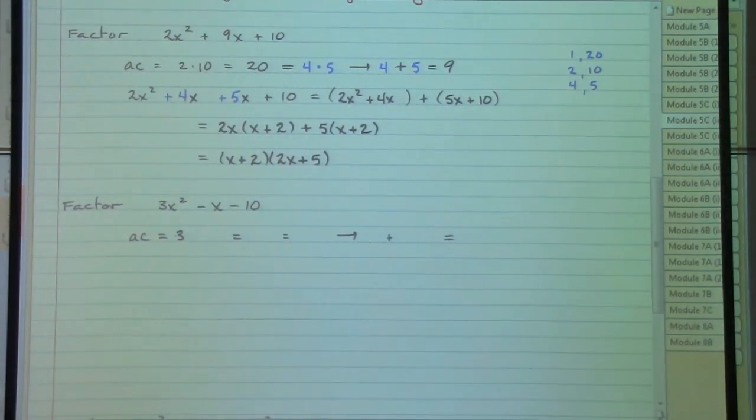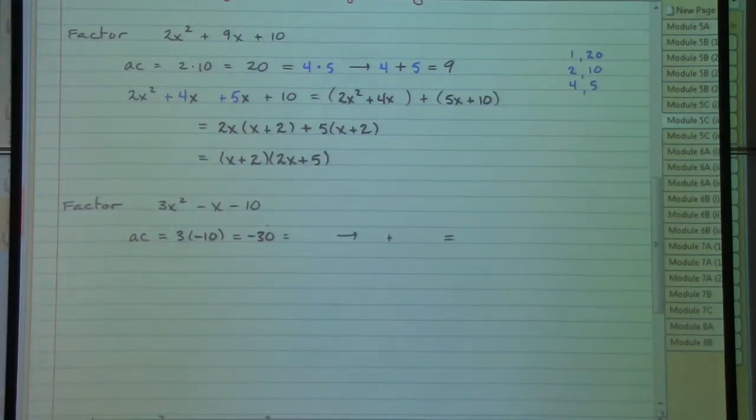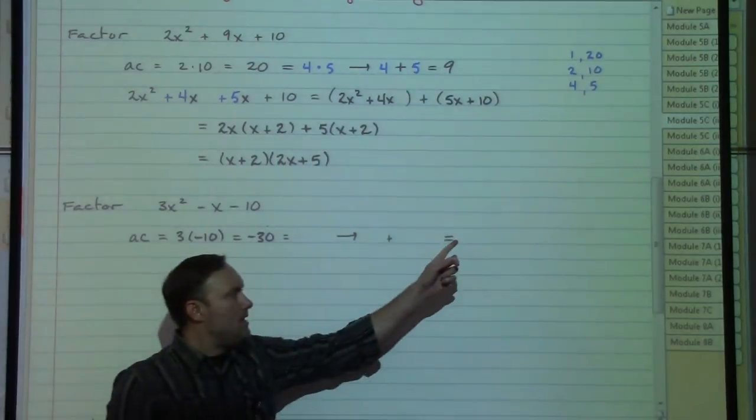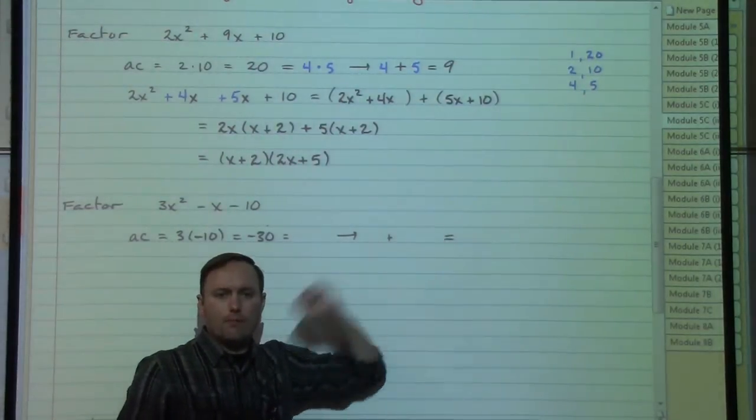I'm going to need to use the negative with the 10, and that'll give me the number negative 30. So, blank times blank gives me a negative 30. Blank plus blank is going to give me, well, I need to know what the middle number is.